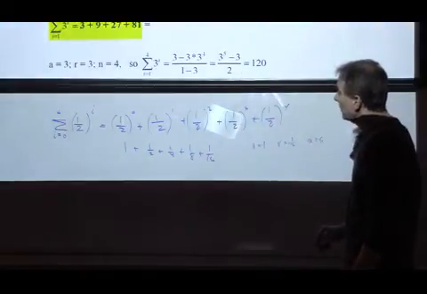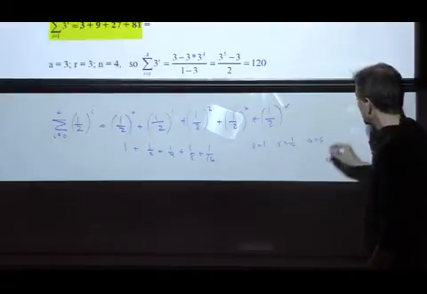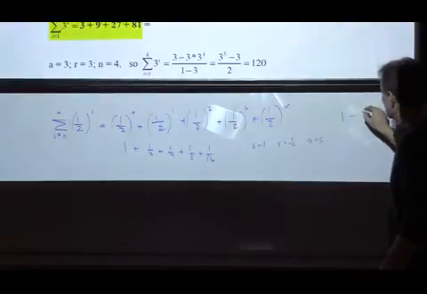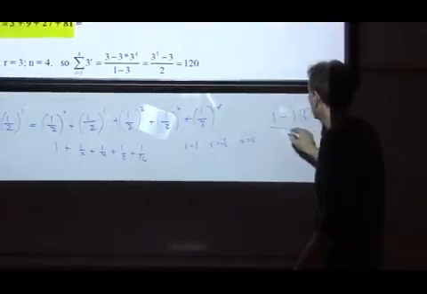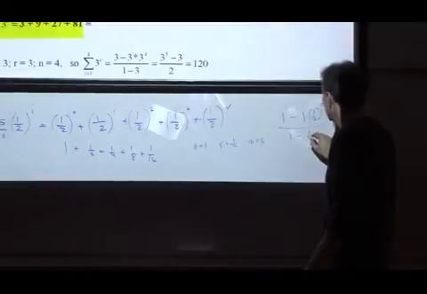So according to our formula, we're going to have A times 1 minus the ratio to the power of the number of terms, over 1 minus the ratio.